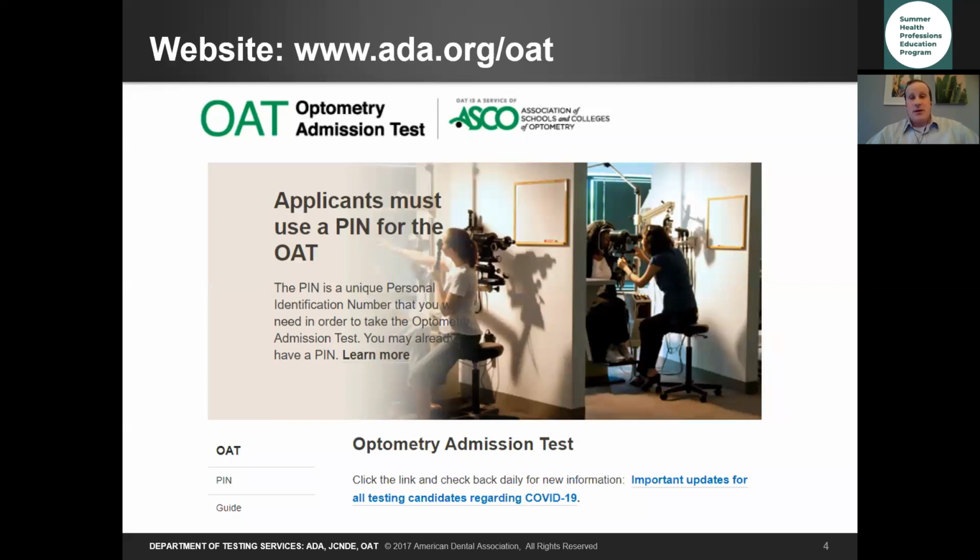When I see students run afoul of rules that they didn't know existed, it can really set them back if they weren't aware that they were doing something that they shouldn't be doing. So I do strongly recommend that you familiarize yourself with this website and with the OAT guide in particular.